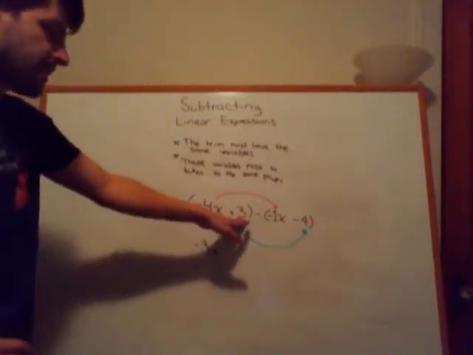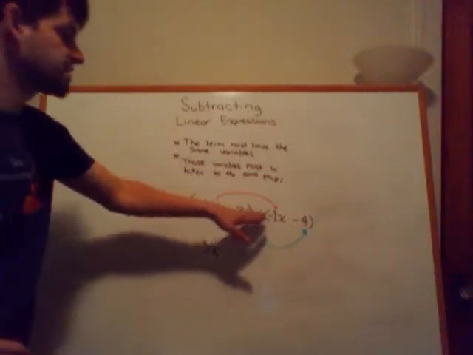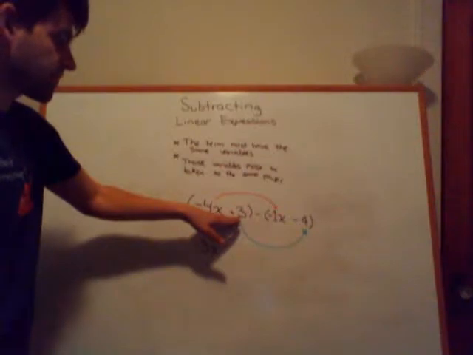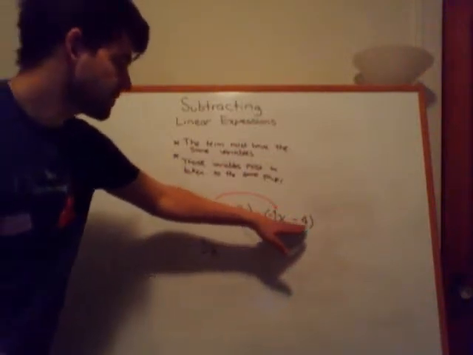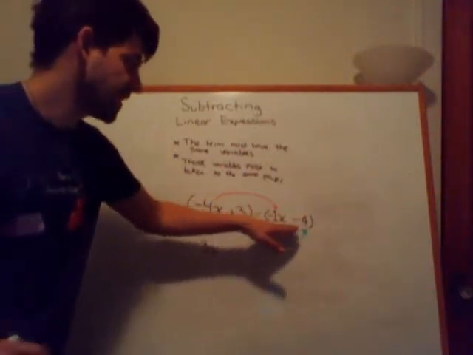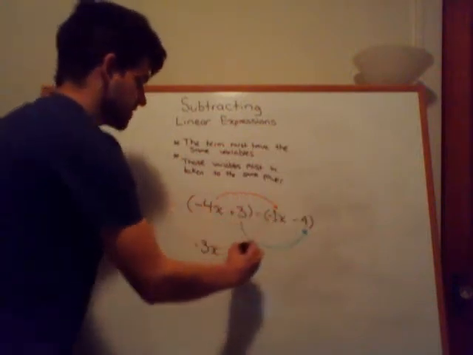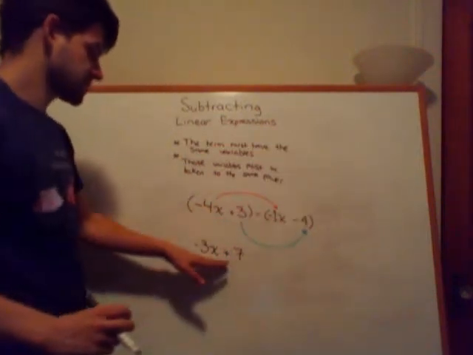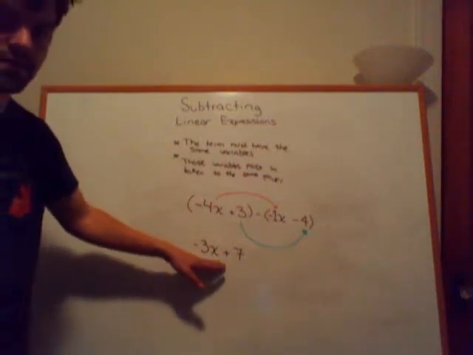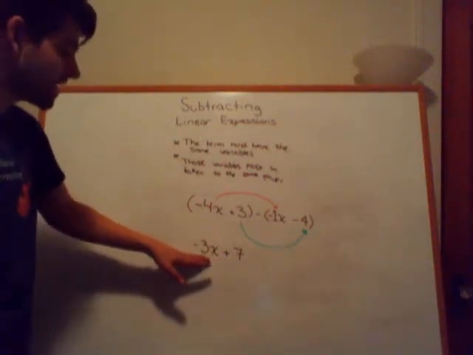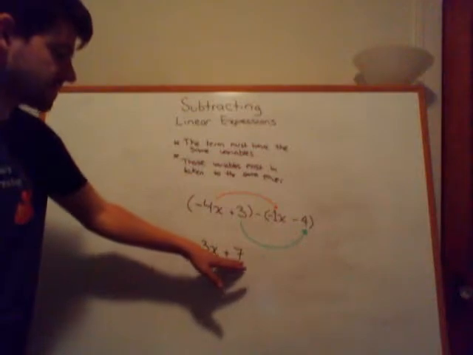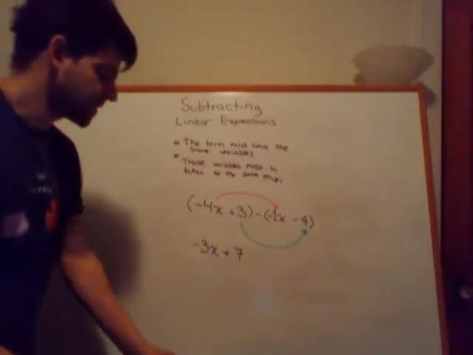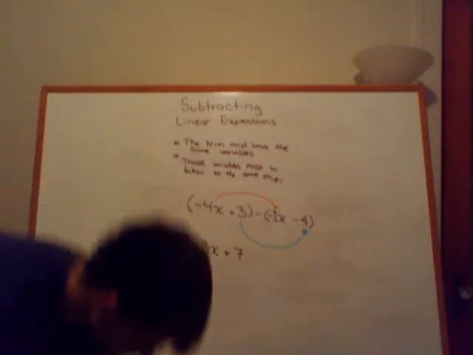Likewise, if we take a positive 3 and subtract a negative 4, that is like 3 plus a positive 4. That's going to give us plus 7. So our final simplified expression, when combining the like terms, is going to be negative 3x plus 7. Okay? Alright, let's look at another one.